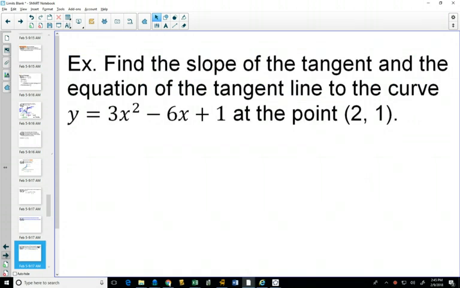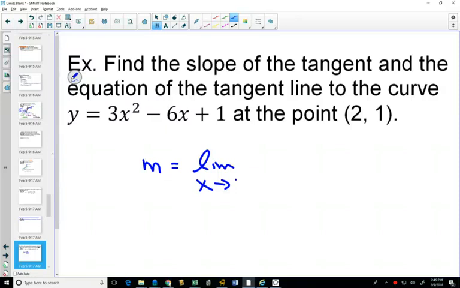So we're going to find the slope using that formula 1 of the equation of the tangent of this line at that point. So according to the formula that we had right there, our slope is going to equal the limit as x approaches, and we want to find it at the point 2.